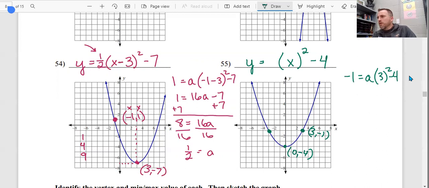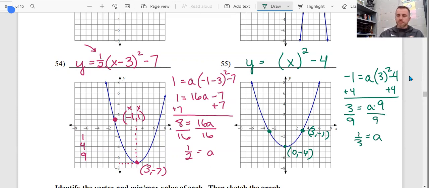I'm going to add 4 to both sides. I get 3 is equal to a times 3 squared is 9. Then I'm going to divide by 9. I get that a is equal to 1/3, which is what that fraction simplifies to.